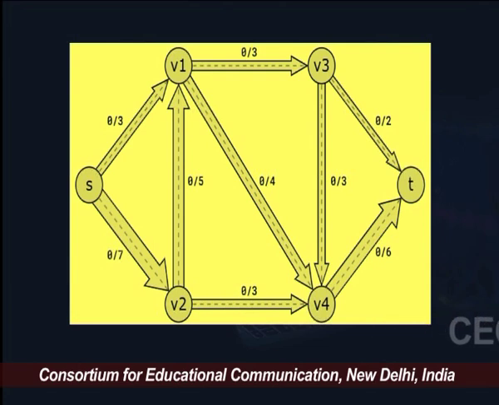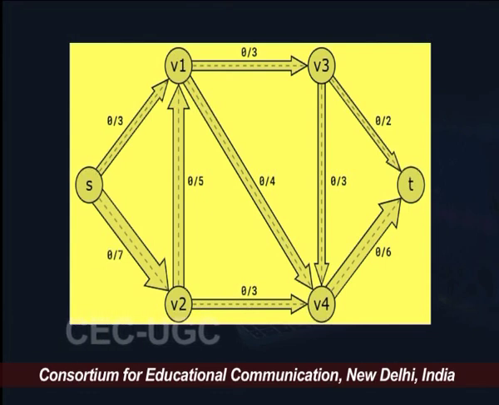So for example, in the present figure, if we look at the edge starting from S going to V1, this has 0/3. So 0 is the present flow and 3 is the capacity. So presently it is an unutilized edge, as all the others are, and the total flow we can give to this edge is 3.